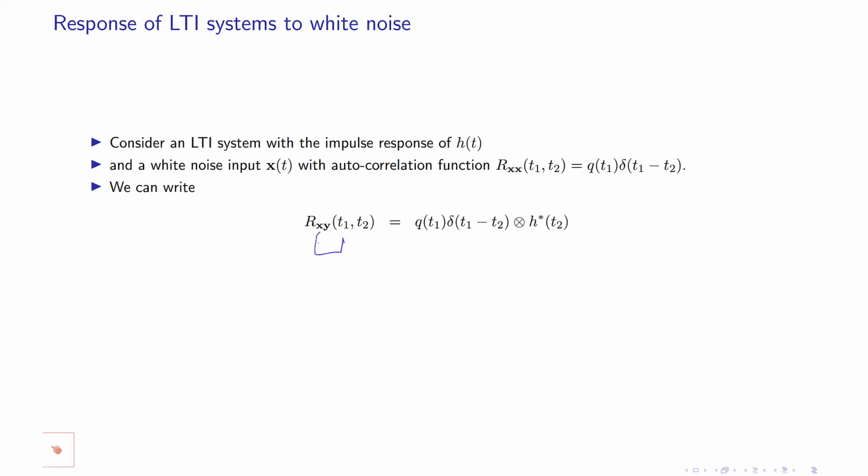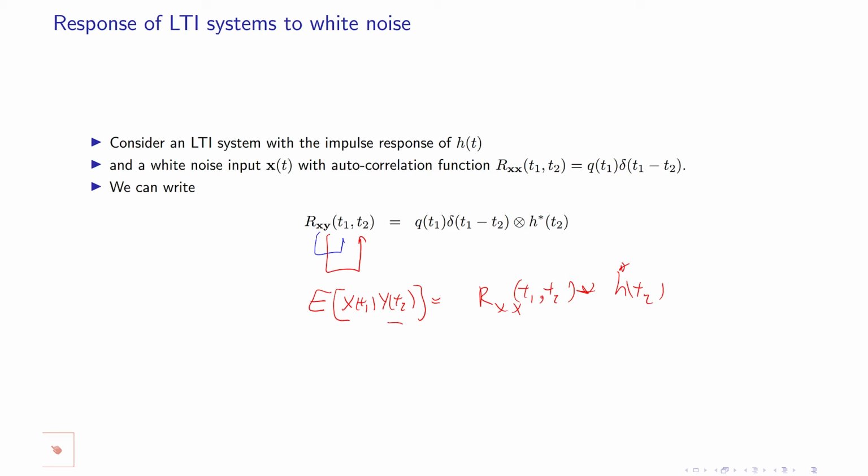Obviously, from the previous videos, if you want to calculate the cross correlation between x at time t1 and y at time t2, which is equal to the mean of x of t1 times y at time t2, we have shown that this is equal to Rxx at times t1 and t2 convolved with h of t2 conjugate, if you assume that this is complex.